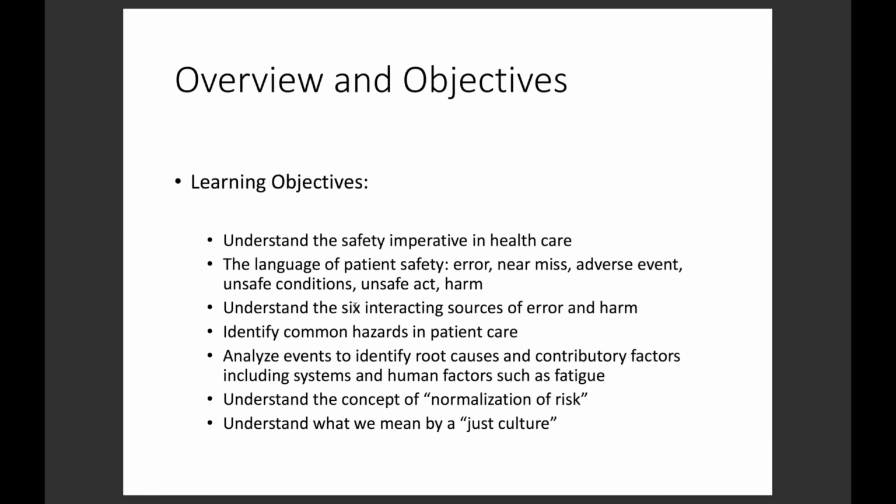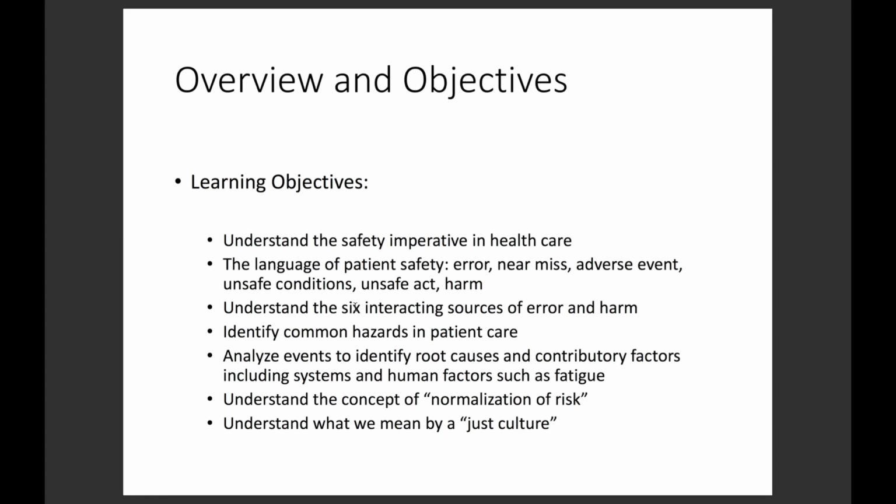3, understand the 6 interacting sources of error and harm, that there's a structured approach to analyzing when things go wrong. Identify the common hazards in patient care, and then get into the analysis of events to identify root causes and contributory factors.